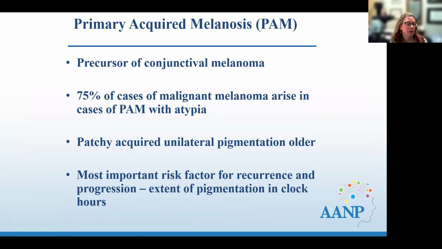Okay. And so primary acquired melanosis is a precursor. Most cases of melanoma arise in primary acquired melanosis. And often those have atypia. So there's primary acquired melanosis benign without atypia, and those with atypia, those are the cases that progress to malignant melanoma.